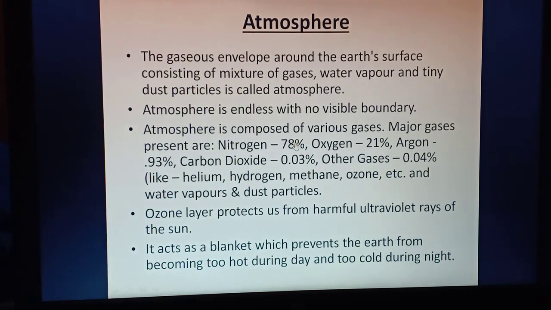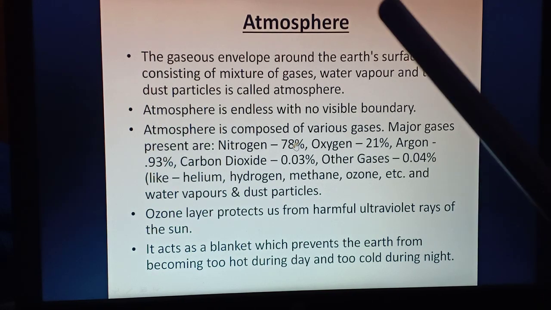Next domain is atmosphere. What is atmosphere? The atmosphere is the thin layer of air that surrounds the earth. The gravitational force of the earth holds the atmosphere around it. The gaseous envelope around the earth's surface, consisting of a mixture of gases, water vapor and tiny dust particles, is called atmosphere.